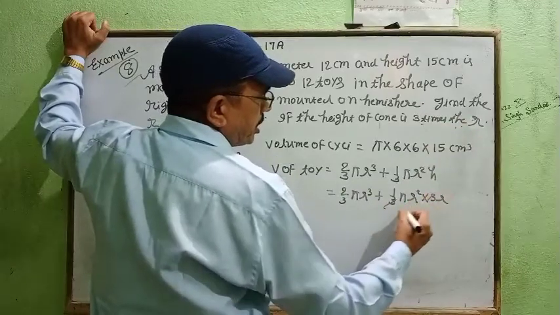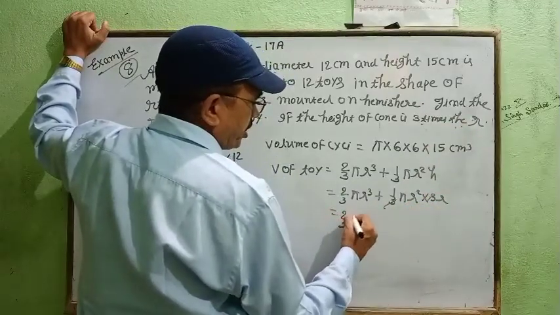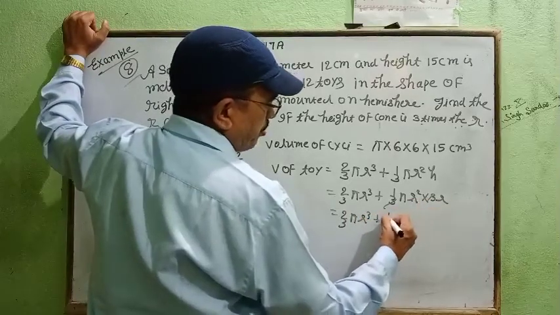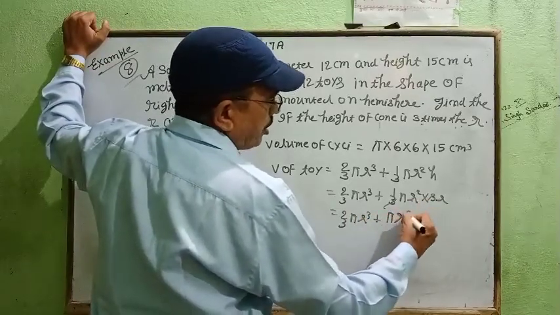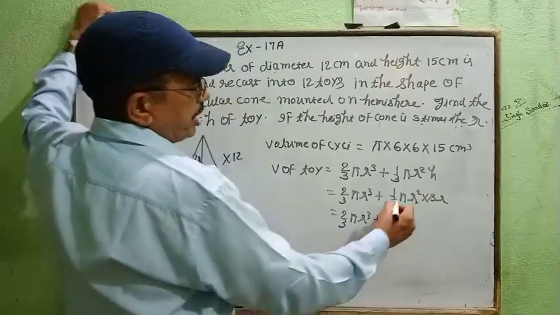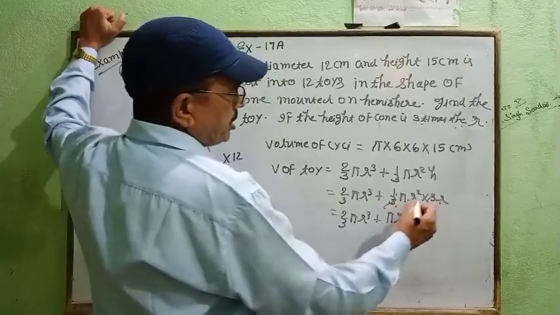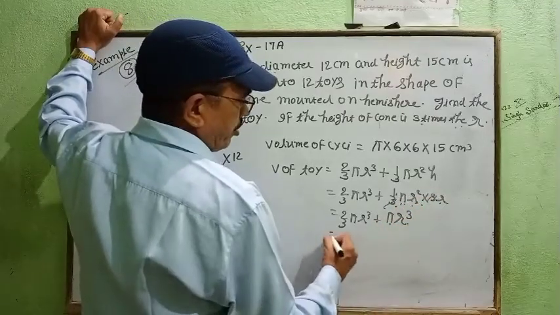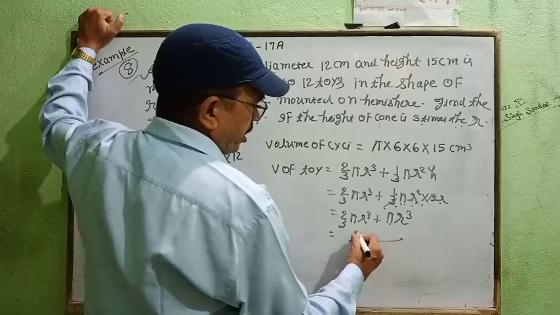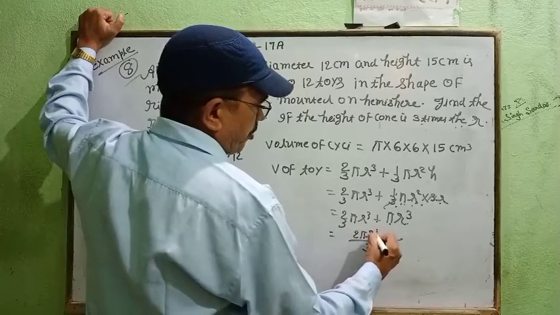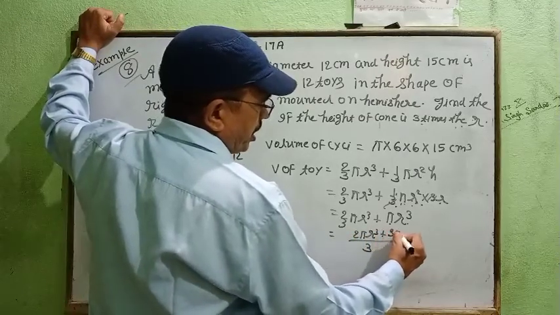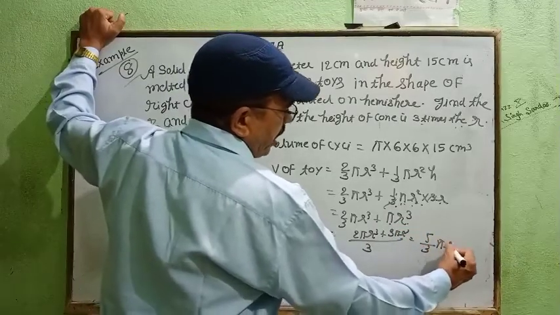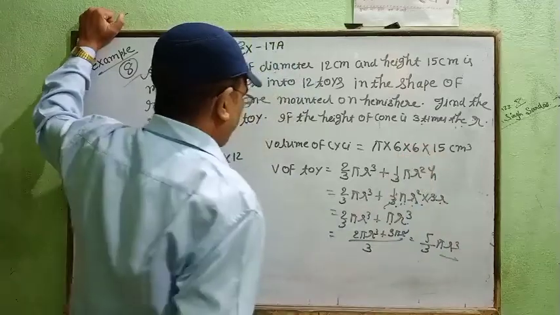So this 3 cancels, then here is 2 by 3 pi r cube, and plus it is pi r cube only, because it is 1 by 3 pi r square h, so this 3 cancels, then it is also pi r cube. So it is 2 by 3 pi r cube plus 3 by 3 pi r cube, and you get 5 by 3 pi r cube. This is the volume.